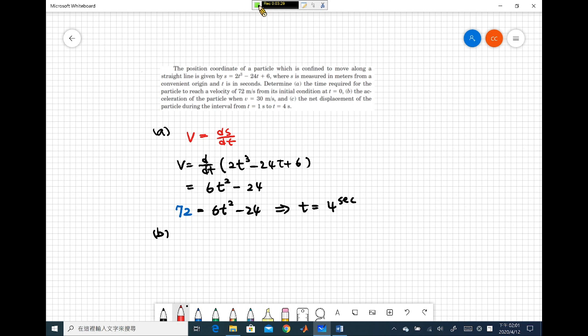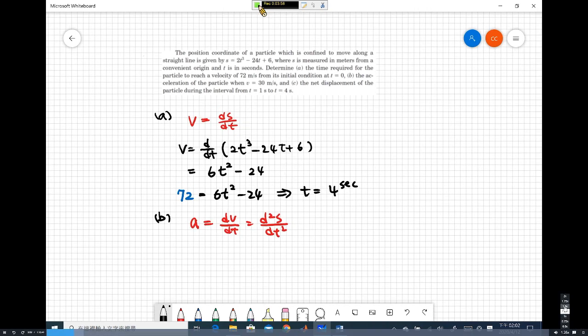So we can still use the definition. Your a will be dv over dt. Or you can directly use the position function and do the double differentiation. From the previous question, you know our v will be 6t squared minus 24.